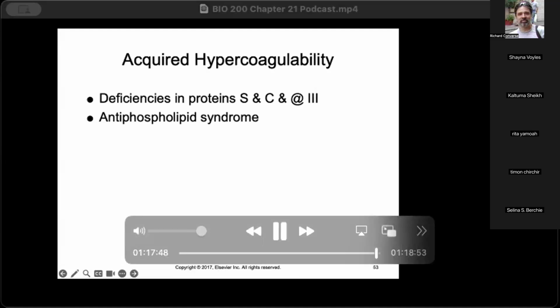Other inherited thrombophilias are rare, such as antithrombin 3, protein C, and protein S deficiency, which are about 1% of the general population, but they pose a higher risk for thrombosis. Acquired factors also influence coagulation cascades and include surgery, pregnancy, hormone replacement therapy, contraception, malignancy, inflammation, infection, and heparin-induced thrombocytopenia.